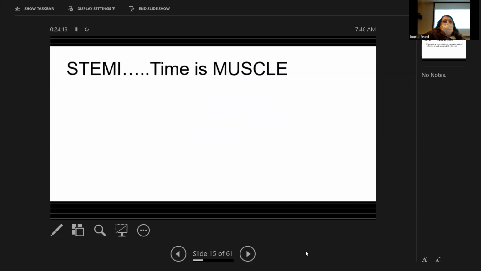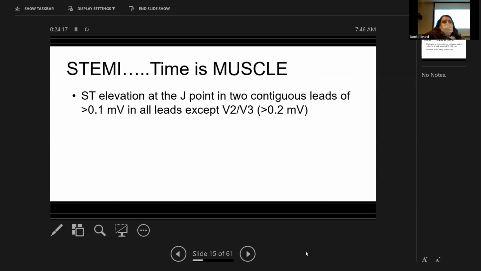In STEMI, time is muscle. That is why everybody goes to the cath lab. When you're looking at criteria for a STEMI, you want to see at least 1 millimeter of ST elevation in all leads except V2 and V3.